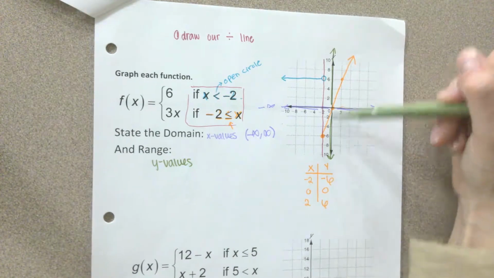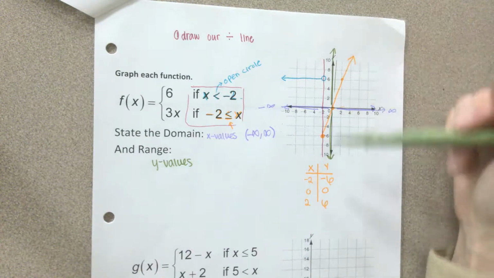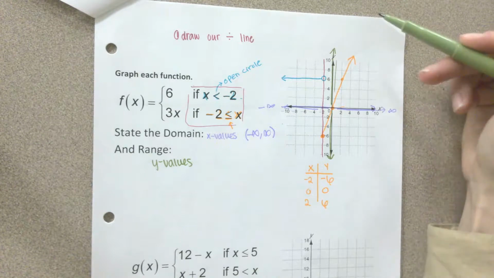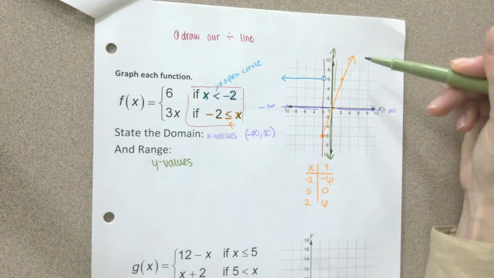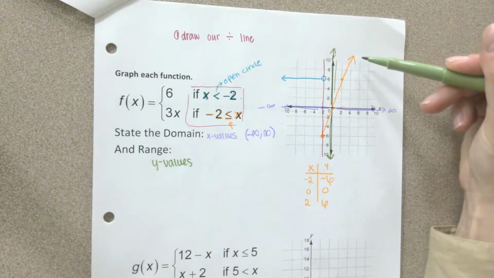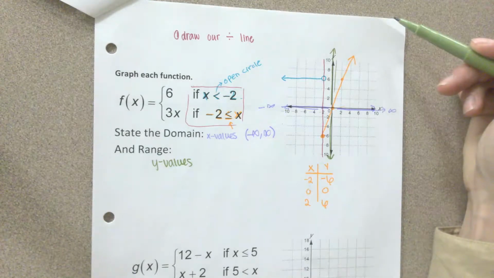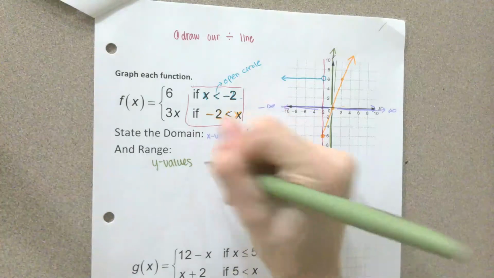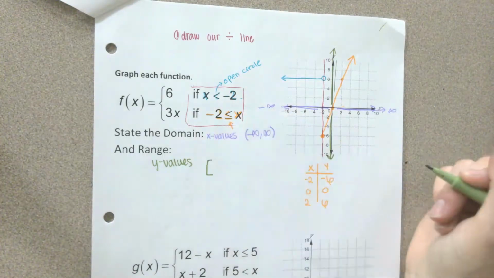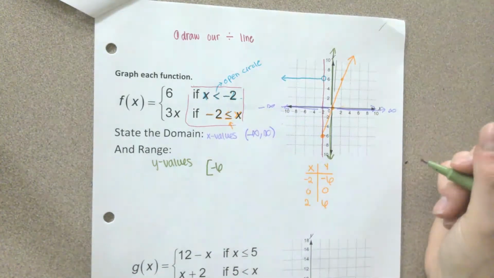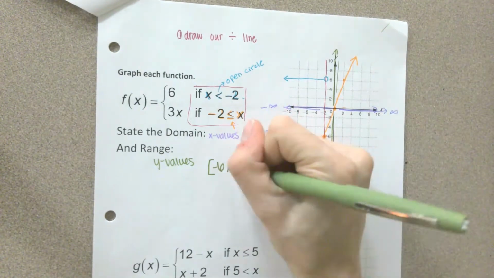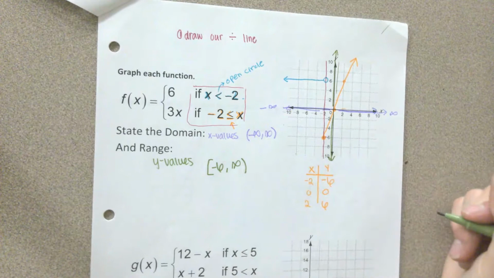But moving in the positive upward direction across the y-axis, it's going to continue to positive infinity, because our orange graph here is going on forever in the positive direction. So we have a closed bracket at -6 because it does include -6, and we go all the way to positive infinity.